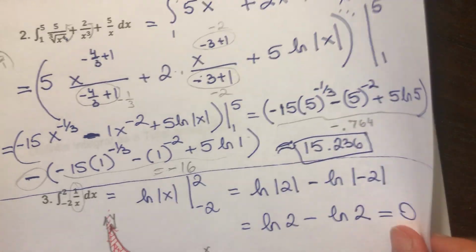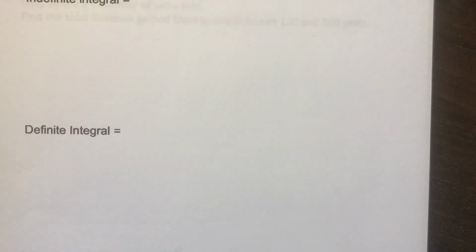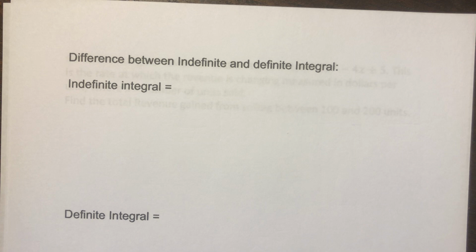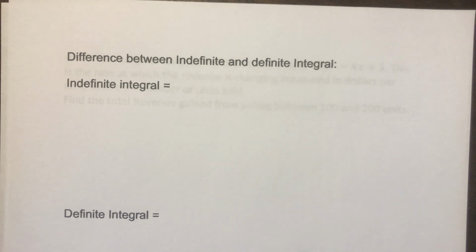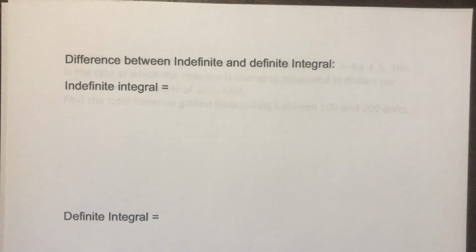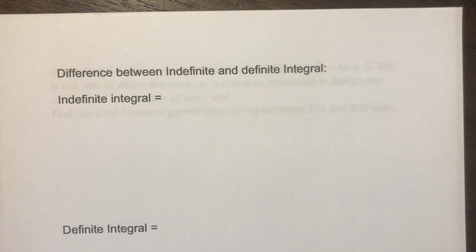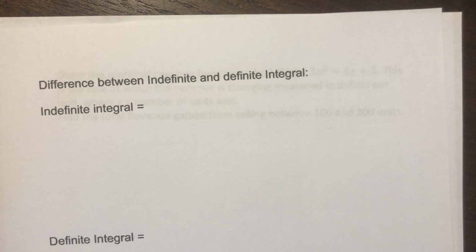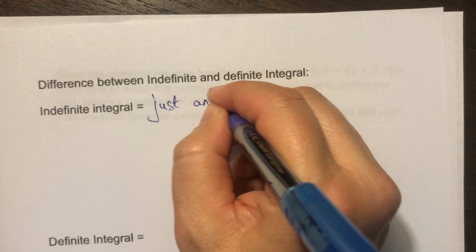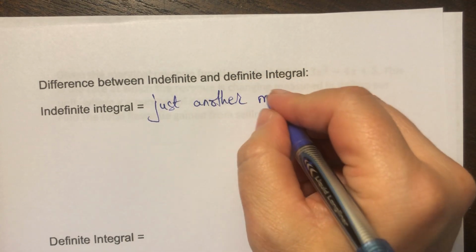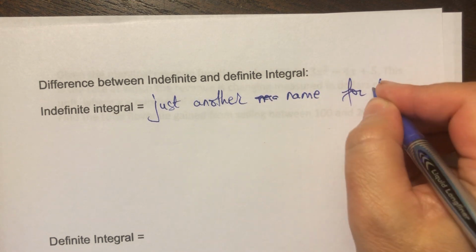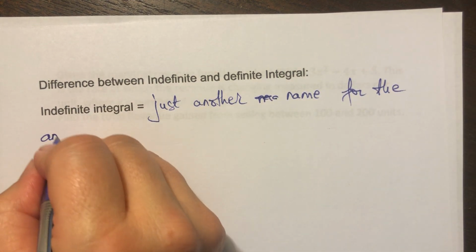All right. So let's see. Let's put all this together. And I want to talk about what the difference is between a definite integral and an indefinite integral, right? So an indefinite integral is just another name for the antiderivative of a function.